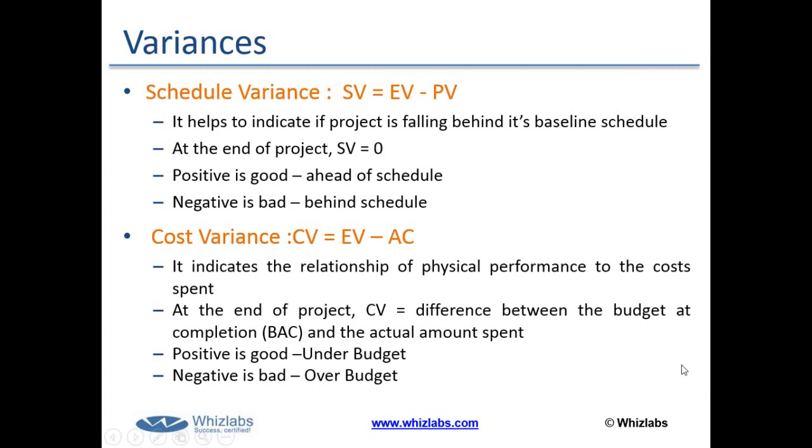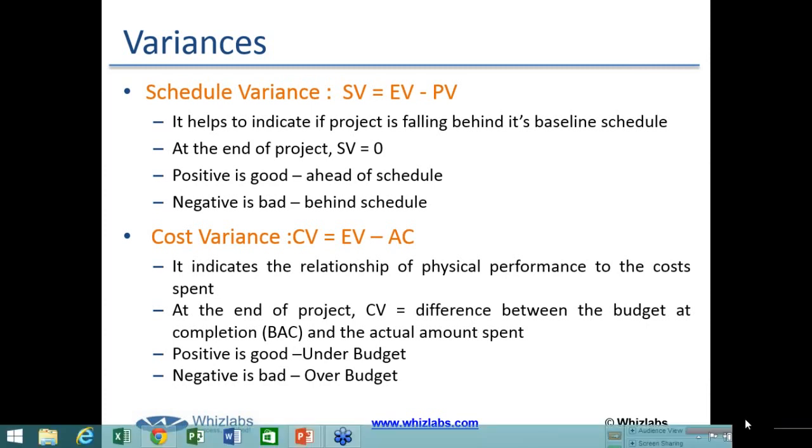What will happen? We will increase the cost. That means work which was supposed to be done with $1,000 was actually done with $2,000. These kinds of scenarios are not very healthy. Though you were able to accomplish the planned work, you actually spent more money.